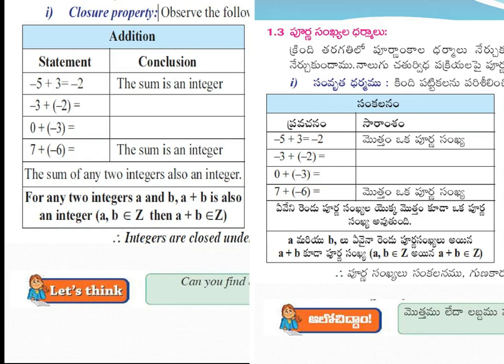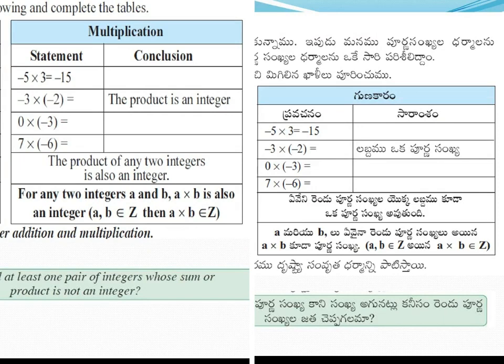Next we can observe the multiplication table. First statement is minus 5 into 3 equals minus 15. The two integers have opposite signs, so the resulting product is negative. Minus 5 is an integer, 3 is an integer, and the product minus 15 is also an integer.